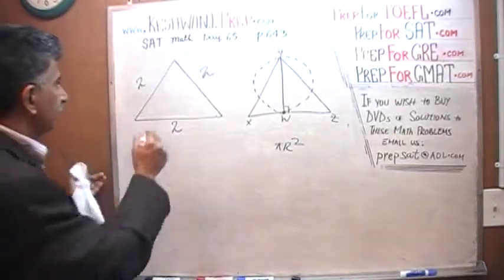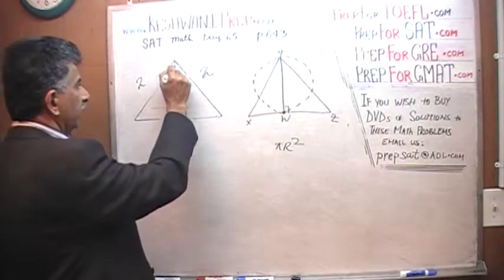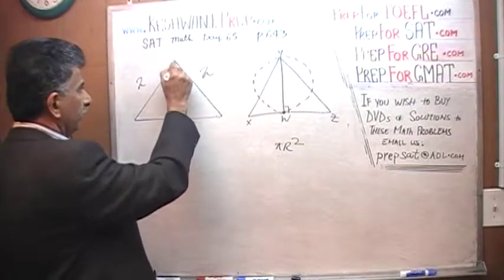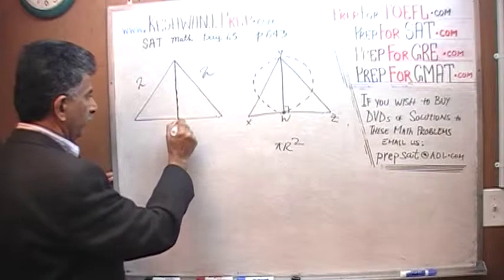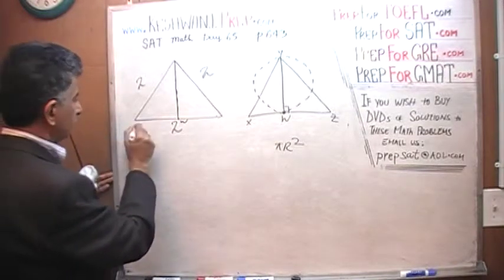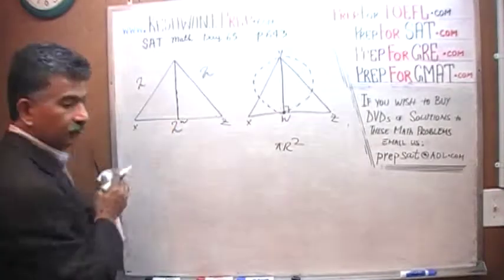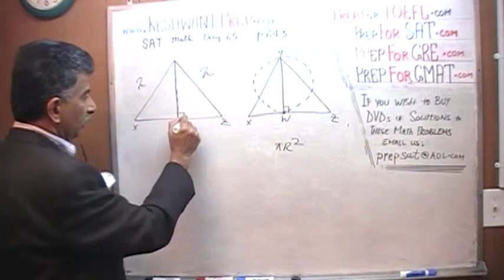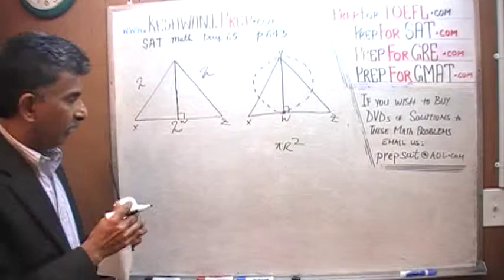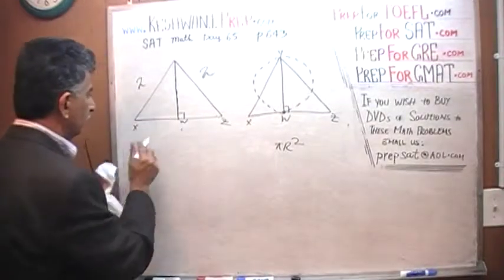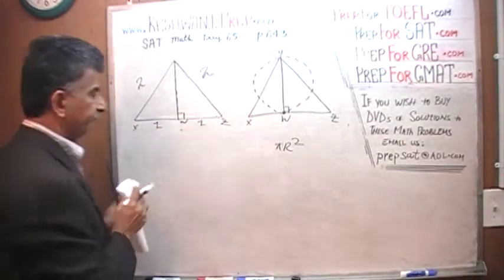Okay, pay attention. And then they drop a perpendicular here. They call it point W. Because this side from X to Z is 2, which means X to W, because the perpendicular bisects this X to Y, cuts into half, therefore X to W must be 1, and this is 1.